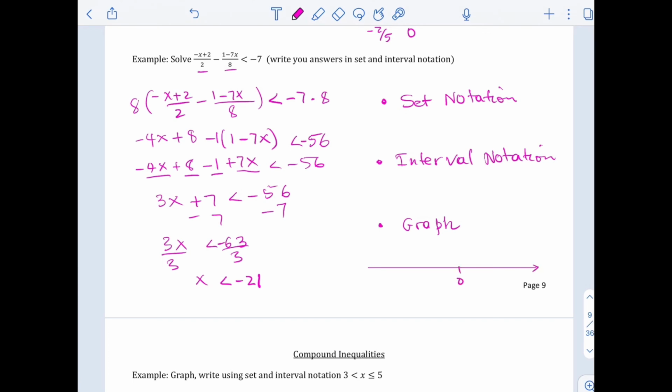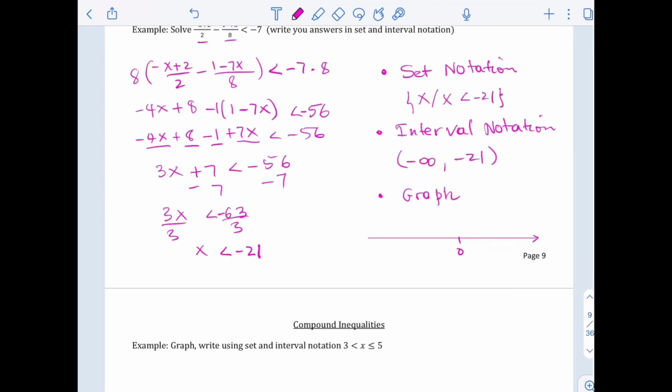So the set notation is the set of x such that x is less than -21. The interval notation starts from -infinity because it's less, and from -infinity you always keep parentheses, to -21, and it doesn't have the equal sign, so it's a parenthesis on -21. -21 will be on the left of 0, so -21 will be an open circle, obviously, or a parenthesis.